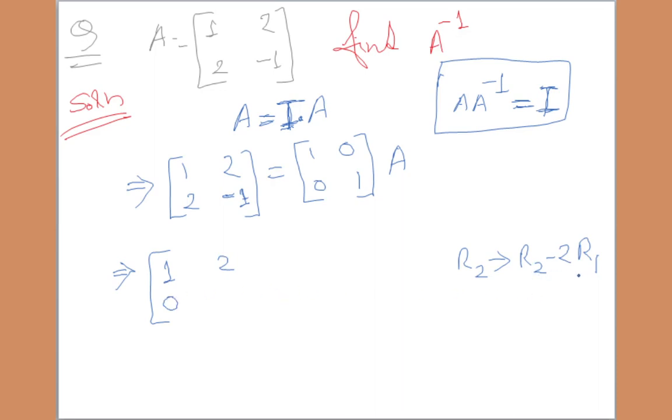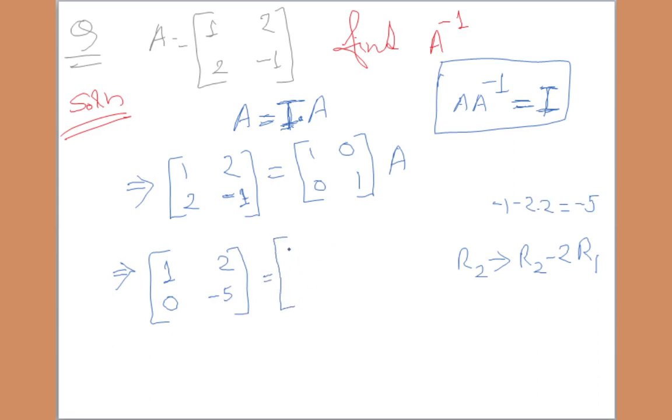Next, R2 minus 2R1: minus 1 minus 2 into 2, that is 4, ultimately it becomes minus 5.